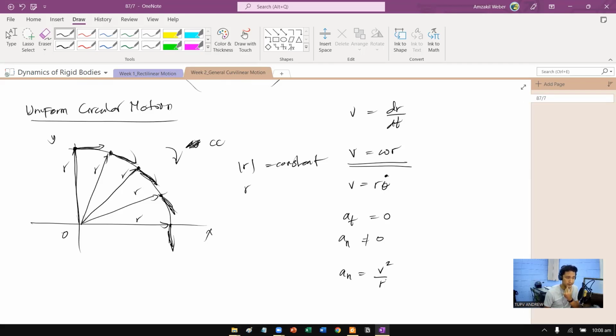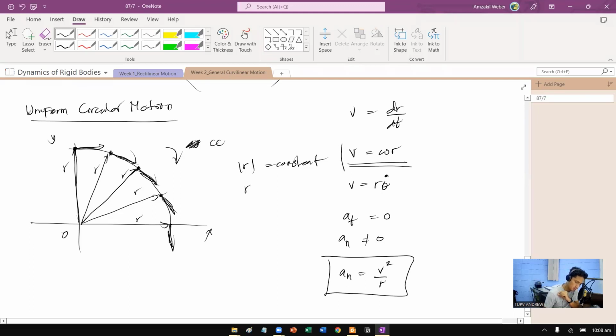It can also be called centripetal. Centrifugal is, I think, going outward, while centripetal is going inward, if I'm not mistaken. This is our normal acceleration and this is our velocity.